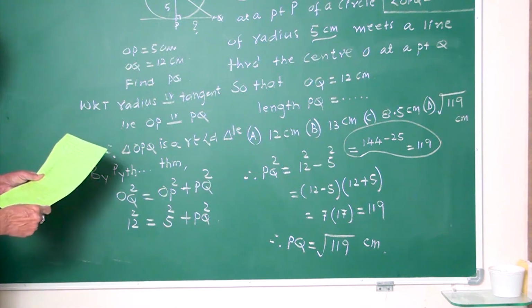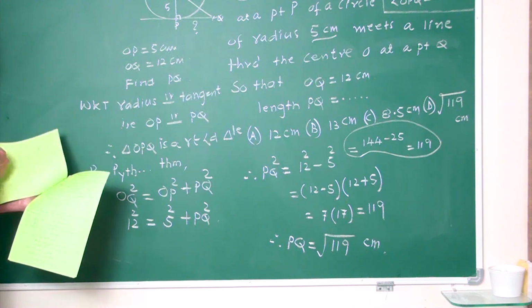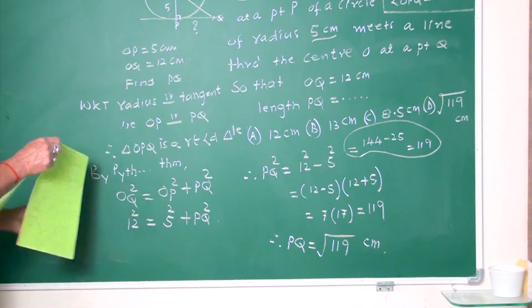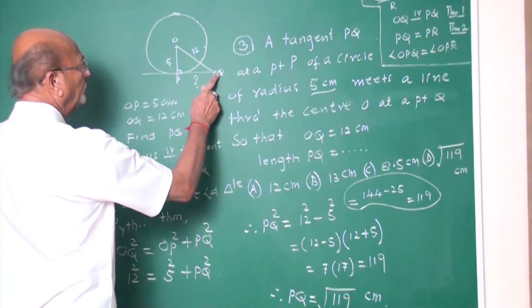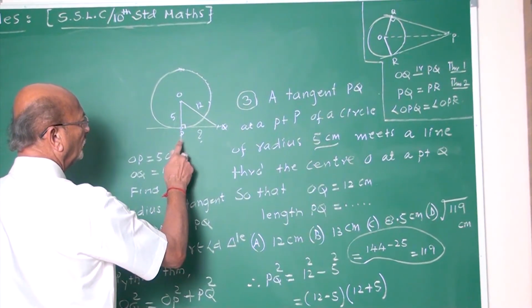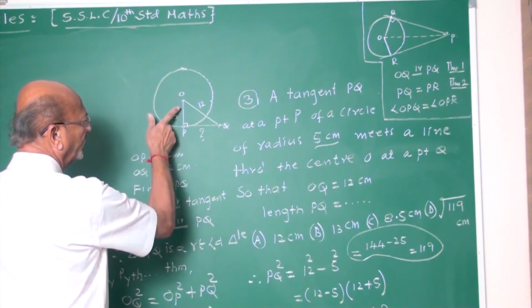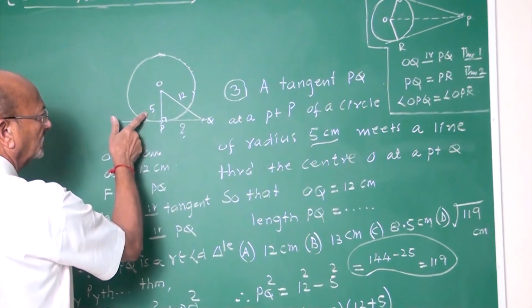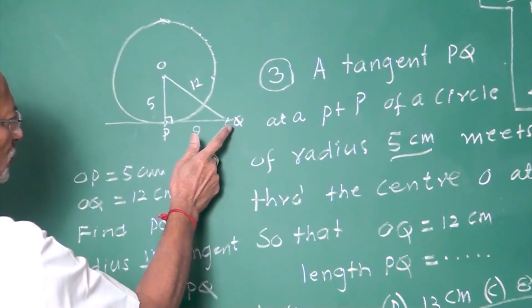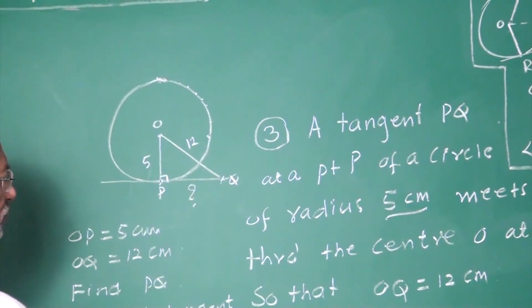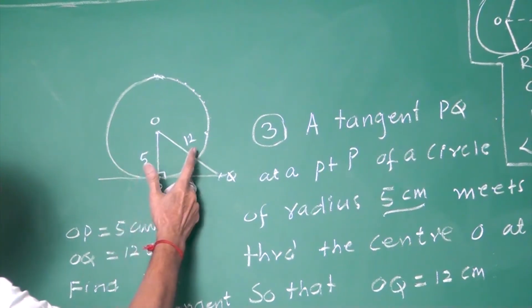One minute, my friends. Tell. A tangent PQ at the point P of a circle of radius 5 centimeter meets a line at the point Q. So that OQ is given as 12.